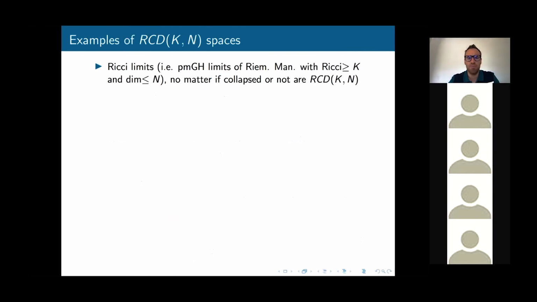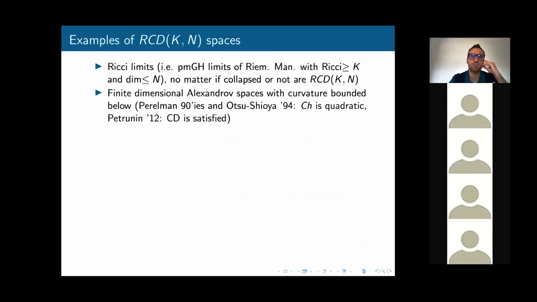Now let's see some examples of RCD K spaces and RC star K spaces. Actually, all the examples that I'm going to discuss here are both RCD and RC star. So we have just seen that Ricci limits, no matter if collapsed or not, are RCD K spaces. Then n-dimensional Alexandrov spaces with curvature bounded from below are RCD K N. You have to be careful with the usual interplay between sectional and Ricci curvature.